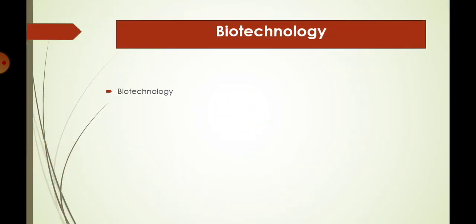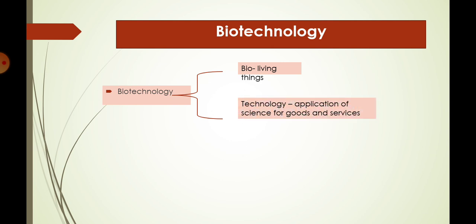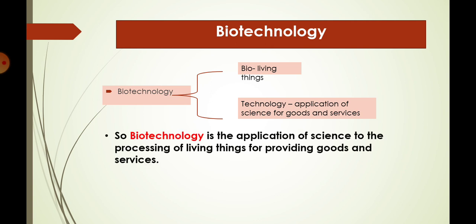Let's know about biotechnology. The word biotechnology was derived from two words, that is bio meaning living things and technology meaning application of science for goods and services. So biotechnology is the application of science to the processing of living things for providing goods and services.